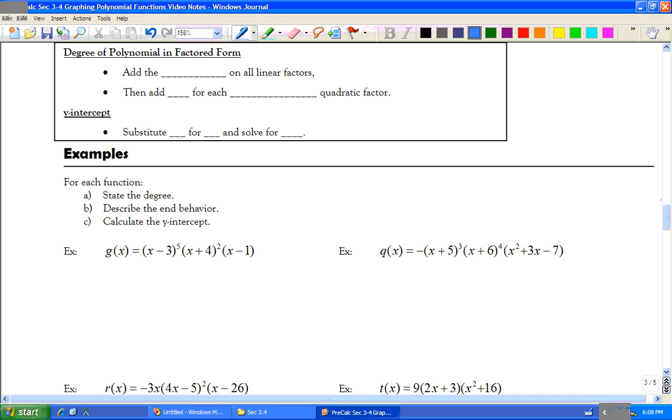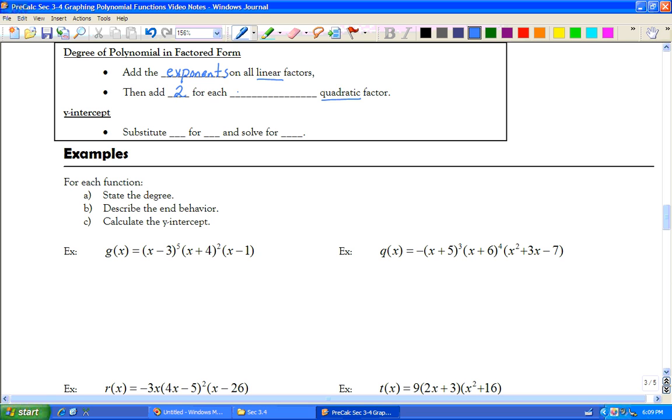Okay, so last time we were looking at graphs and figuring out some information, but what if we have the polynomial in factored form? Well, all we need to do is add up all the exponents of our linear factors. And again, that's linear factors. But what if our factors are quadratic? What if they weren't factorable? Well, then we just need to add 2 because quadratics are of the second degree.